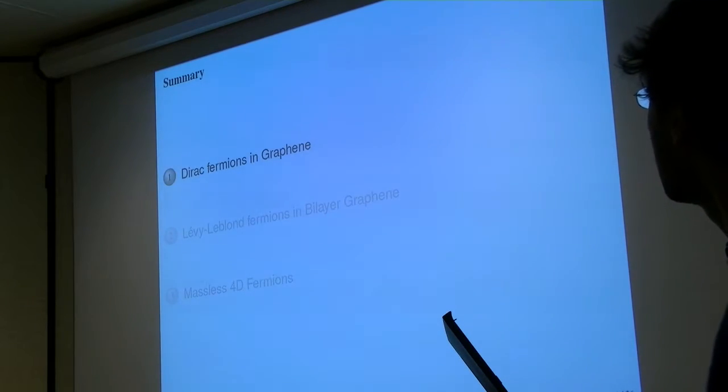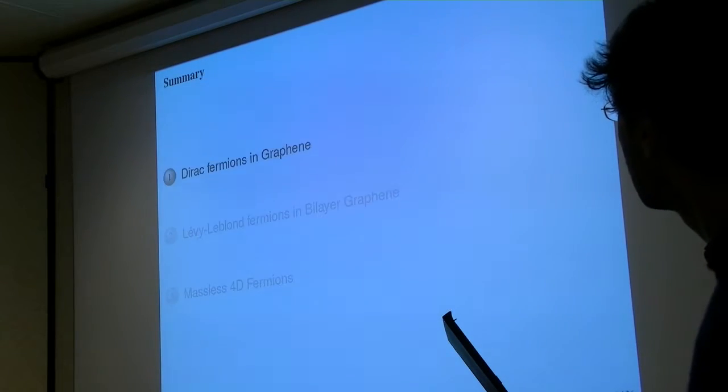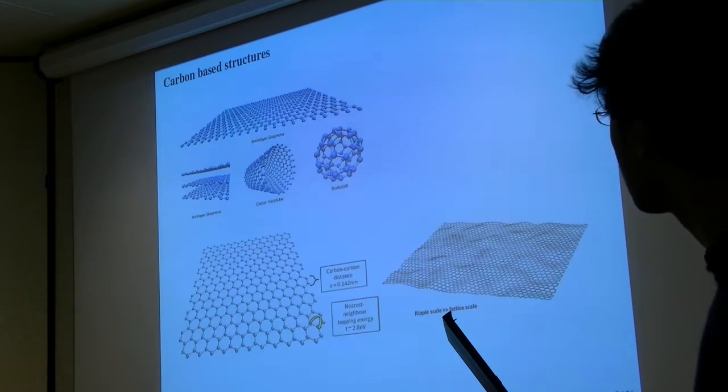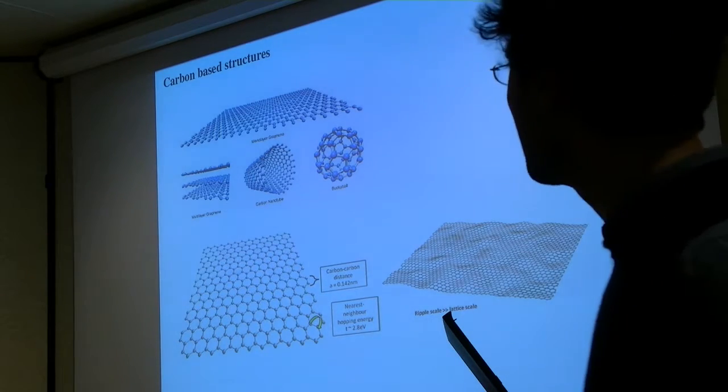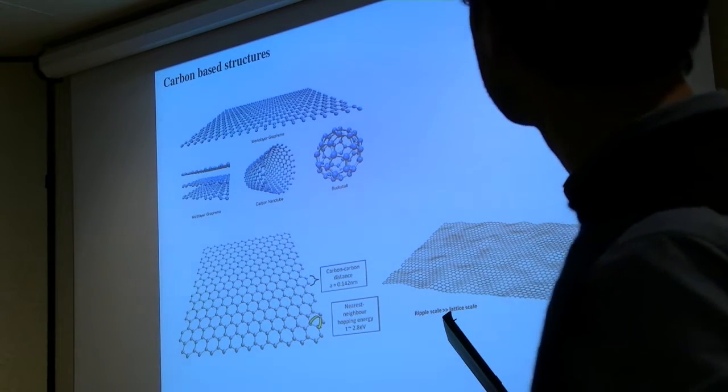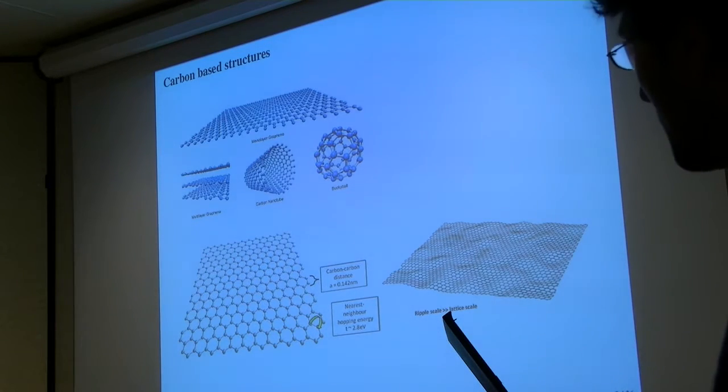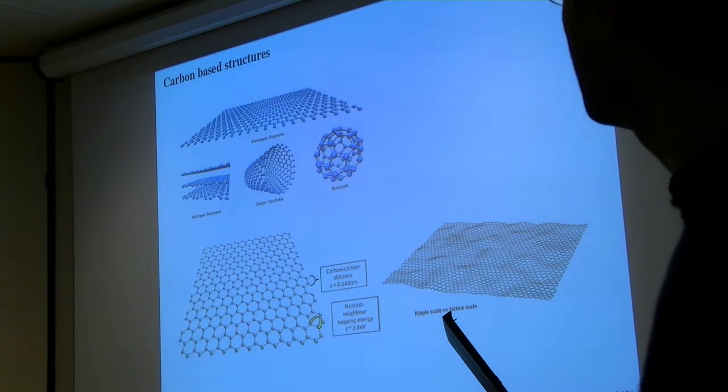Okay. So I'll begin with a very quick review of Dirac fermions in graphene. This is an all-purpose slide, just showing the usual properties of carbon-based structures, where you can have very different dimensionalities.